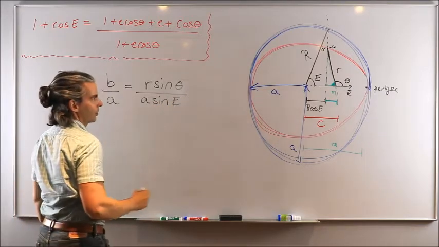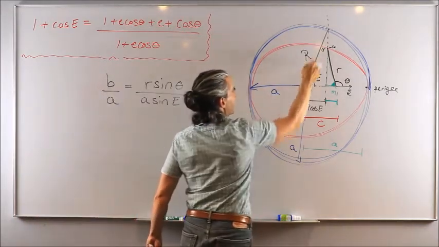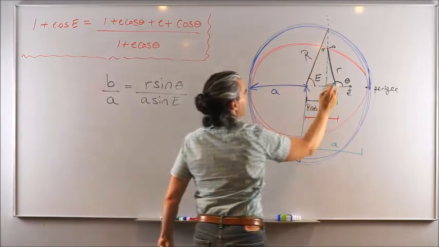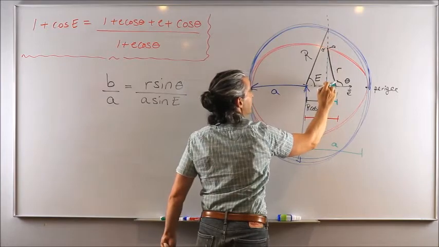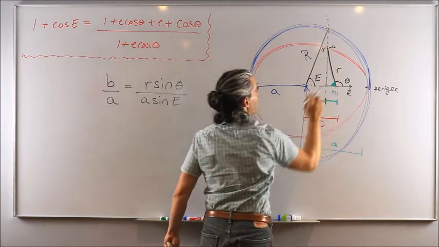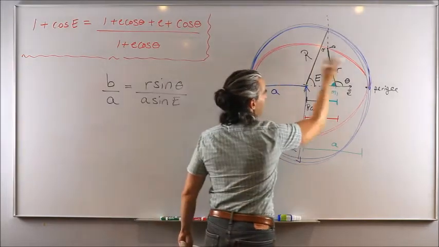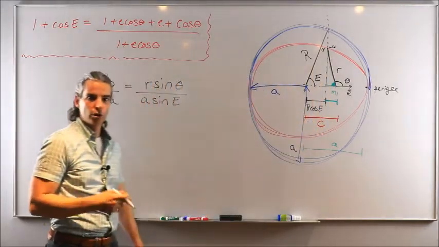Essentially, the ratio of this over this is equal to the ratio of this one in green over the big one over here. And that follows at any point along the ellipse/circle combination.